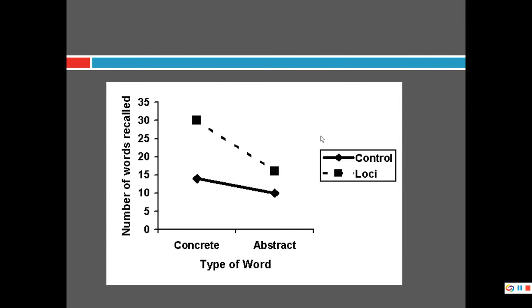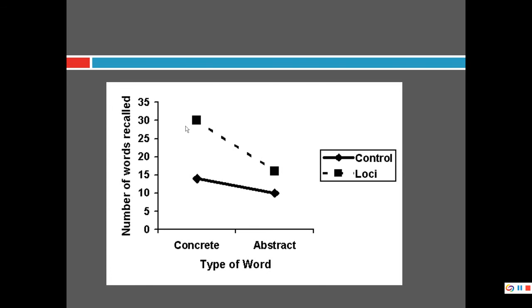Okay, so let me try to explain the utility of using all these conditions. Let's imagine for a second that you're a researcher studying memory and you want to see, does the method of loci work? So you might pick a set of words and use the method of loci in one condition and compare it to people not using the method of loci in another condition.